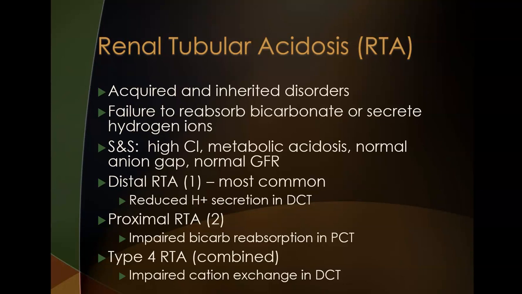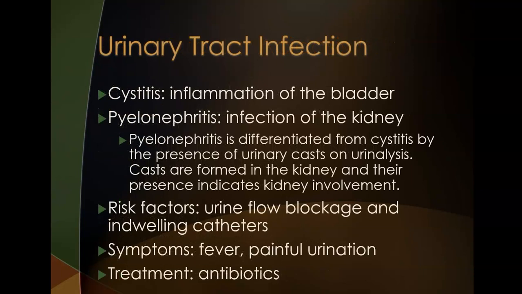And type 4 renal tubular acidosis is a combined renal tubular acidosis, and you have impaired cation exchange in the distal convoluted tubule. So, for example, that cation exchange would have been those exchanges of sodium for potassium or sodium for hydrogen ions. So those are renal tubular acidosis.